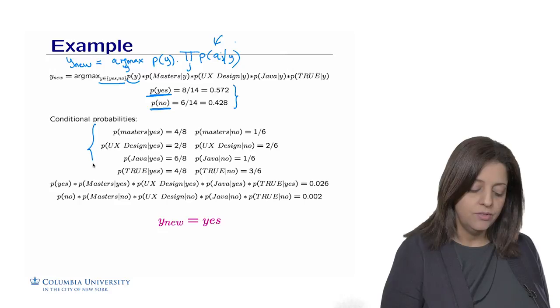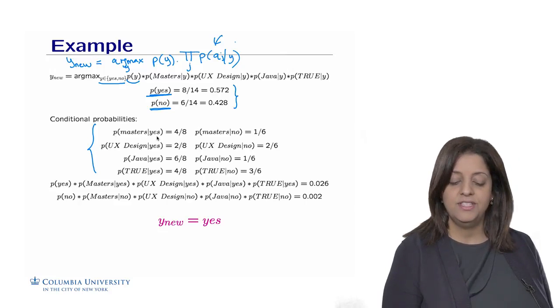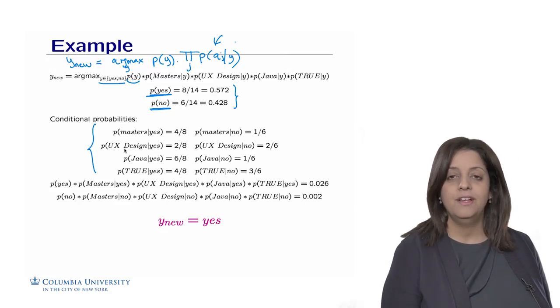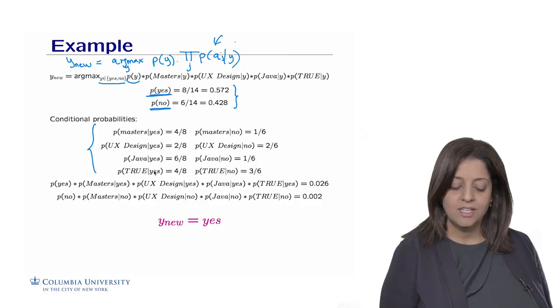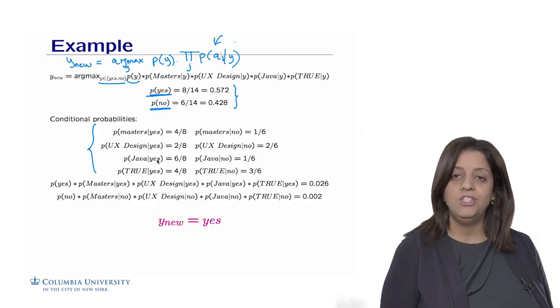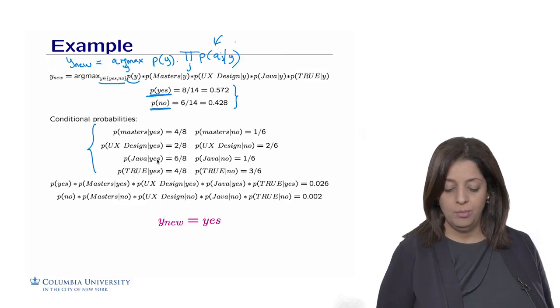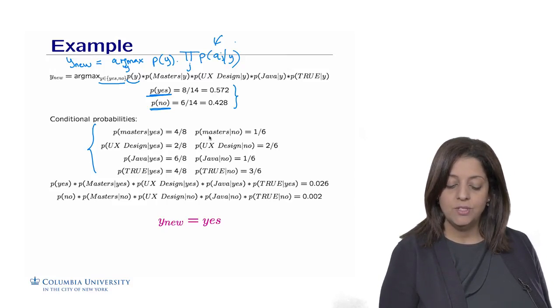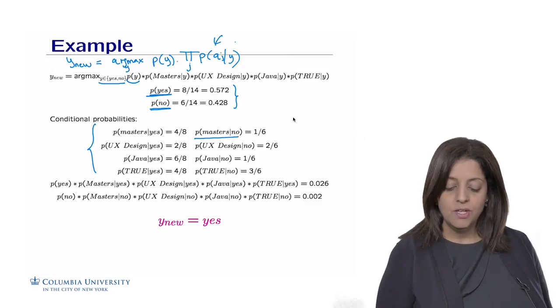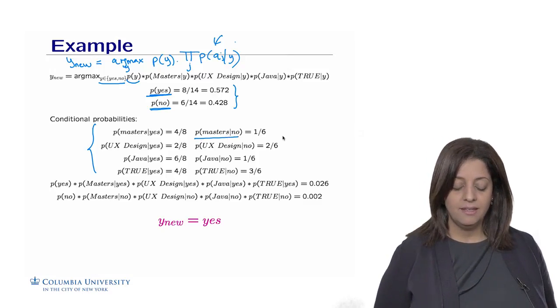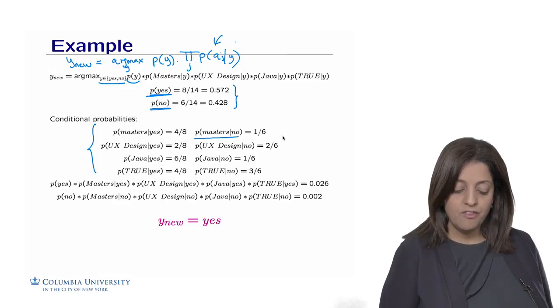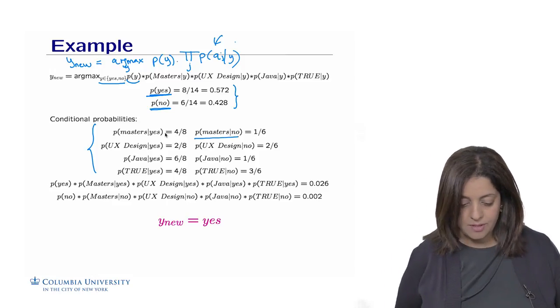We are going to calculate the probability of a master's given a yes, the probability of UX design given a yes, etc. For each value aj, we calculate its probability given the label yes or the label no. Likewise, we do it for the label no, P of masters given no. By counting in the data, the probability of masters given a yes is 4 over 8.